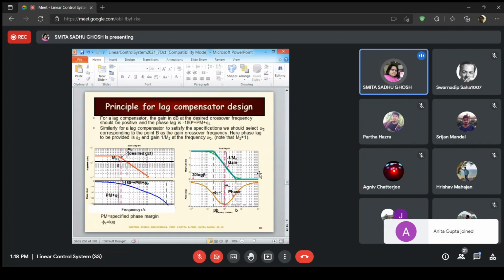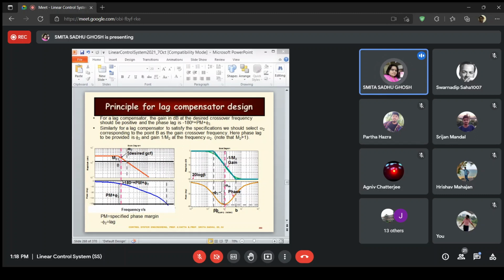Now, if I want to place my desired gain crossover frequency over here, what would be the range that I would be able to choose? The magnitude contribution from the lag compensator is essentially negative or 0. So unless I choose a frequency where the magnitude is already positive, that positive plus the negative can give me the 0 value of decibels.